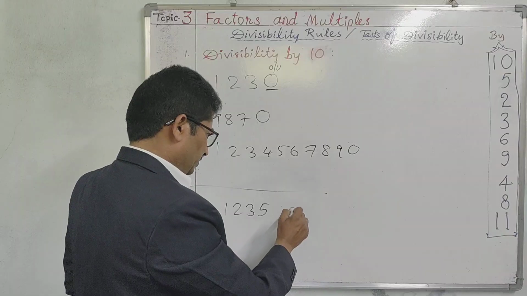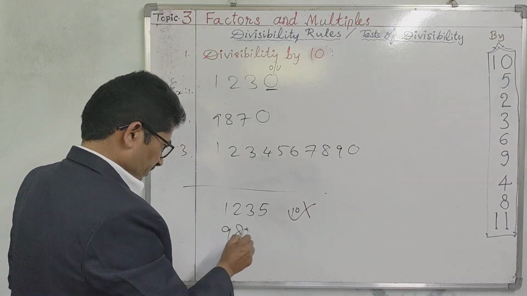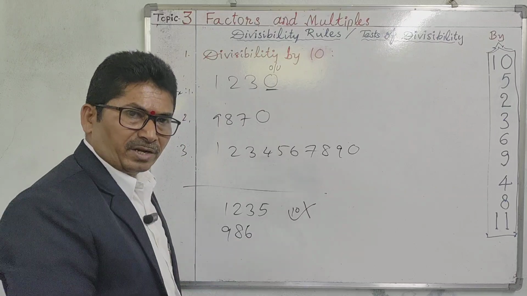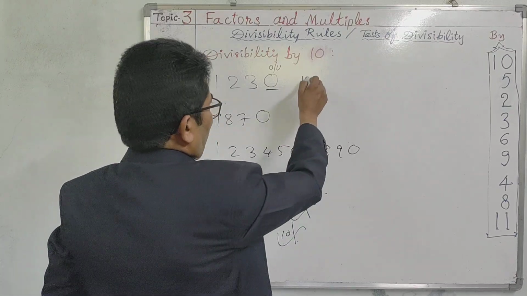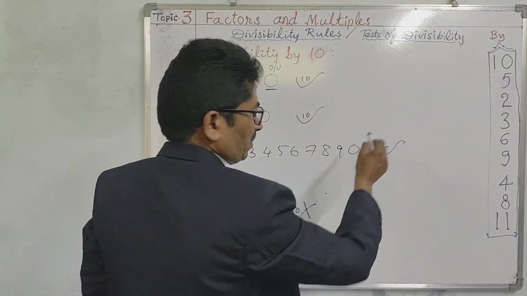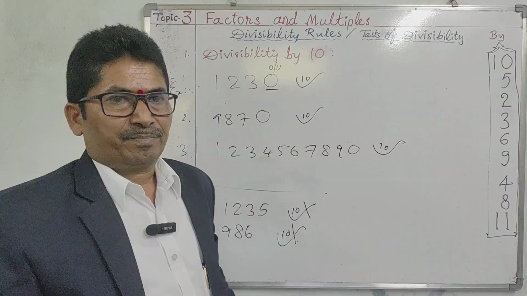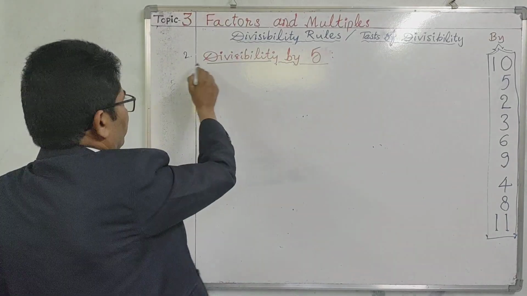No, this is not divisible by 10. Divisible means exactly, with no remainder, without remainder.